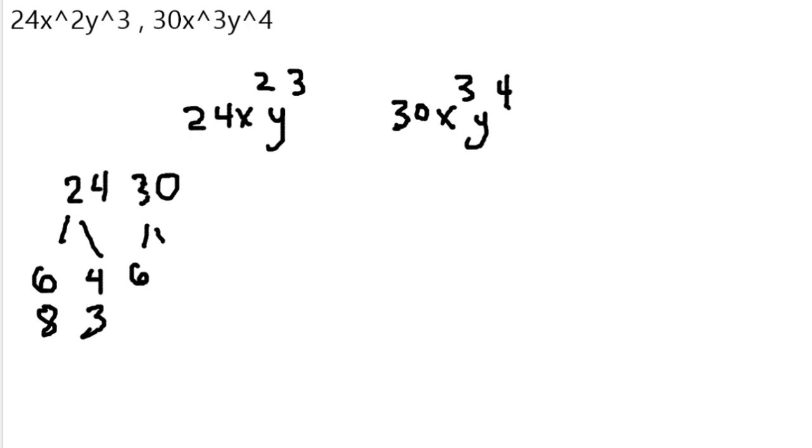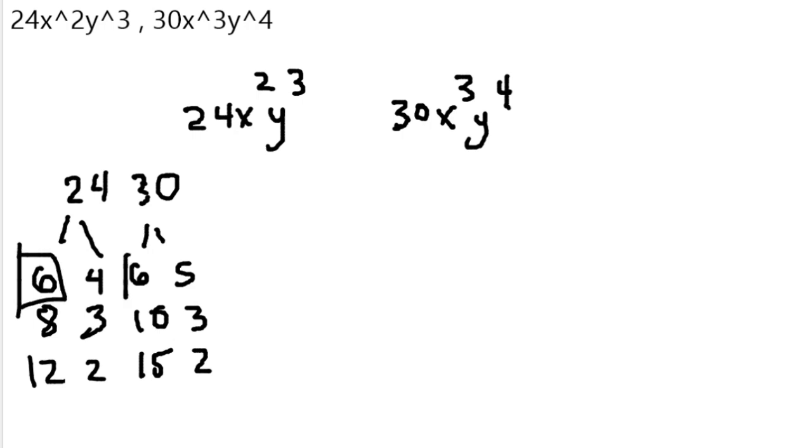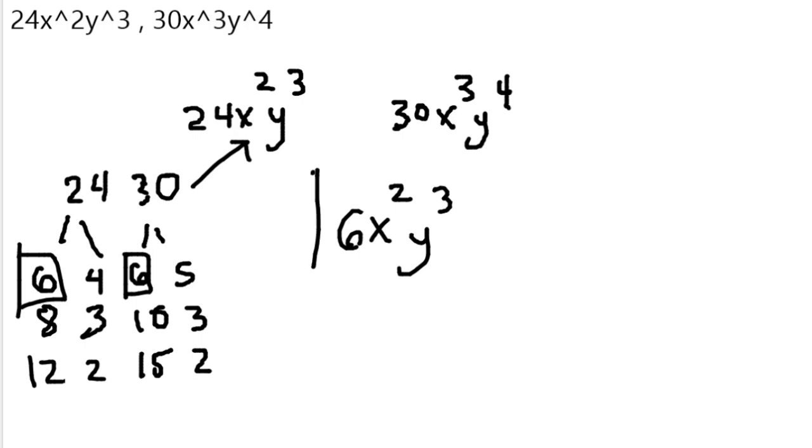We can write 30 as 6 and 5, or 10 and 3, or 15 and 2. We have 12 and 2 as well, but we're not going to pick 2 because it is the least common factor. So we got 6 as our greatest common factor here. So we have 6, and then x squared and y cubed. We cannot use x cubed because it is greater than x squared. We're going to pick the least one.